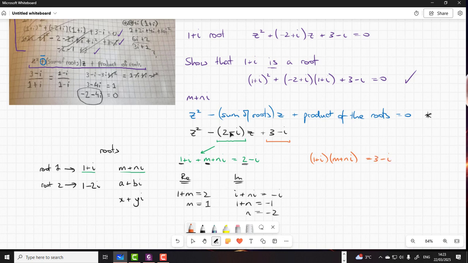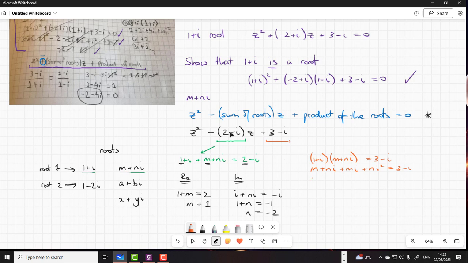So let's multiply it out. 1 by m is m, 1 by ni is ni, i by m is mi, and then i by ni is ni squared, and that's equal to 3 minus i. Well, i squared is minus 1, so plus n times minus 1 is minus n.